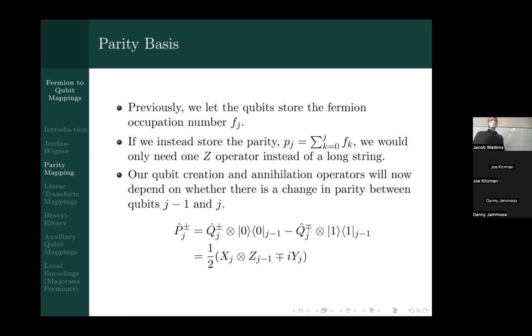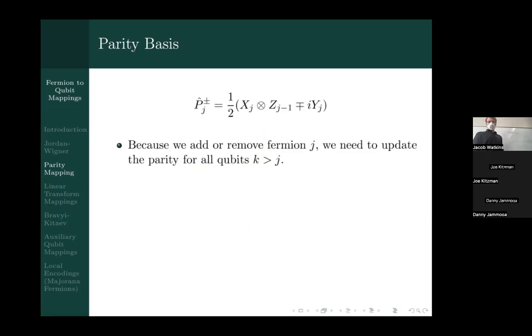So our qubit creation and annihilation operators get modified a little bit to account for this. But when we create or annihilate fermion j, we have to update the parity for fermions with indices greater than j.